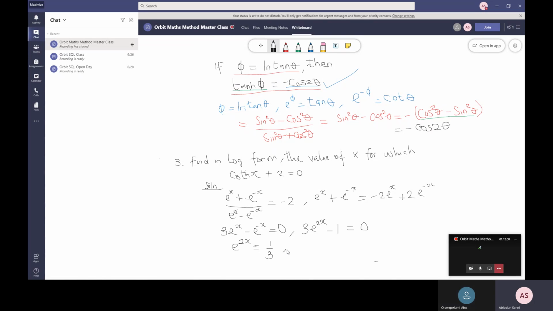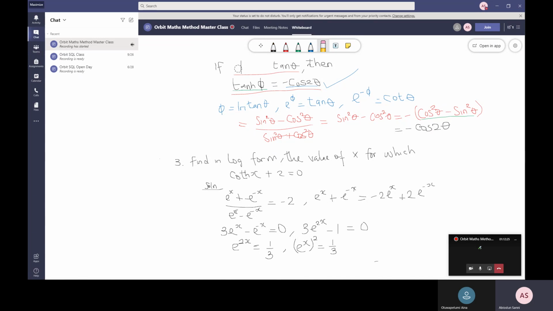So I can put it that way. I'm actually saying exponential x all squared equals 1 over 3. So it's like a quadratic expression.